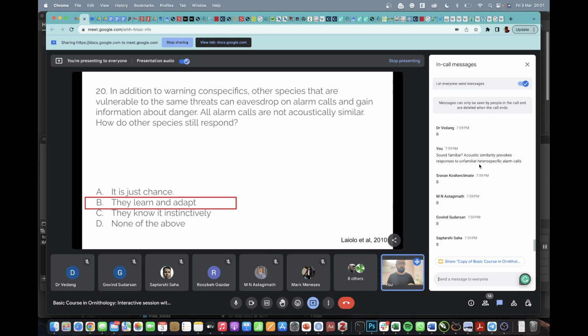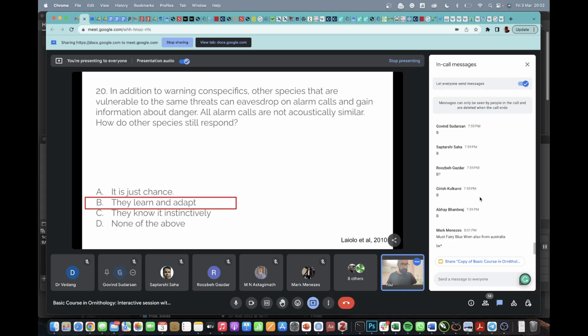So the alarm calls need not be acoustically or structurally similar, but species actually learn about the context of the alarm calls once they come across it and see the other animals responding to it. So that is all this study was about.